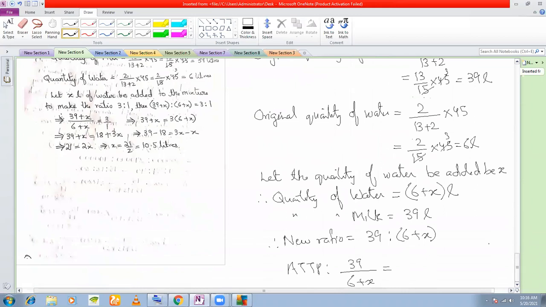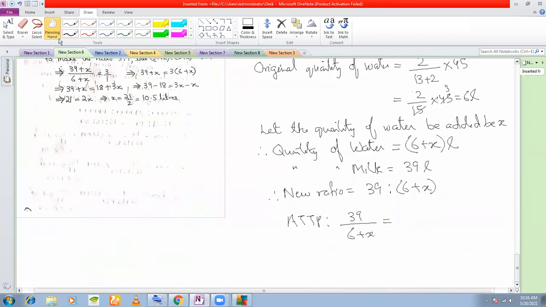What is the new ratio given? 3:1. Let's write it that way. 39 is to 6 plus x is equal to 3:1. So this is our equation.